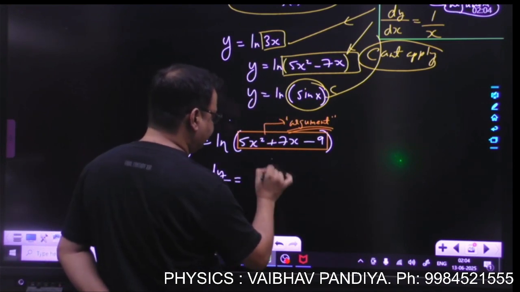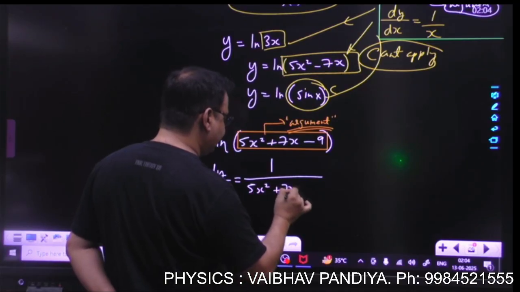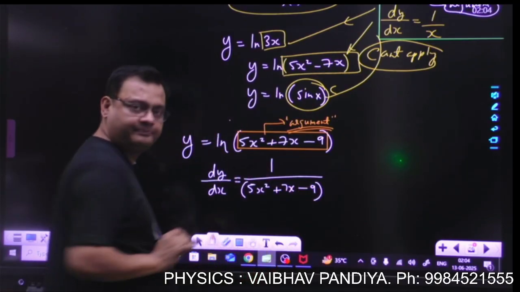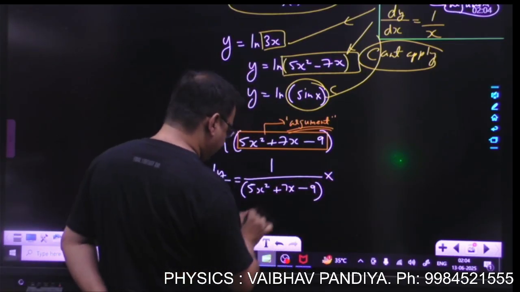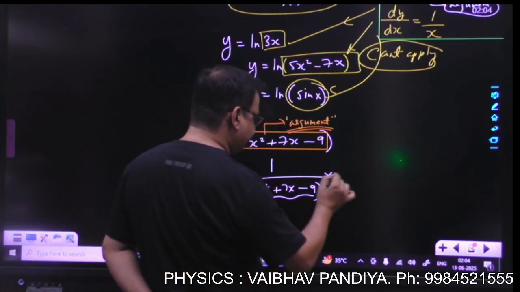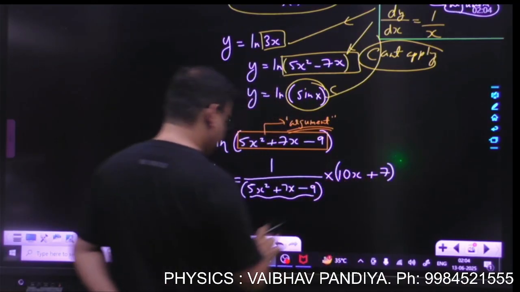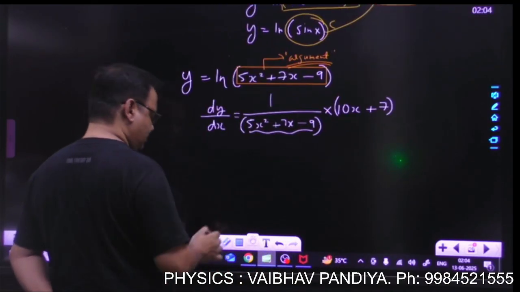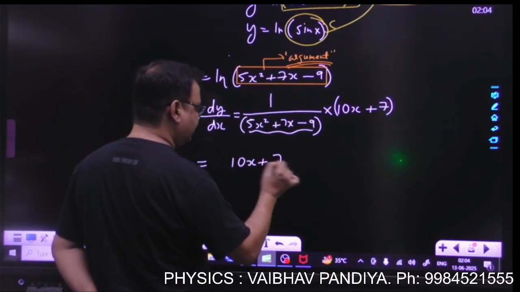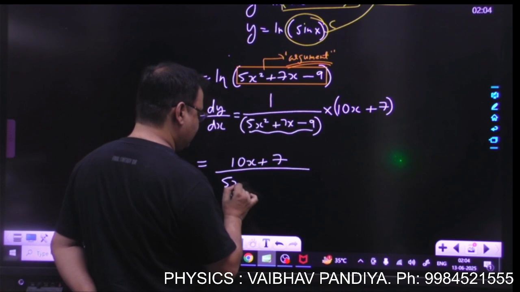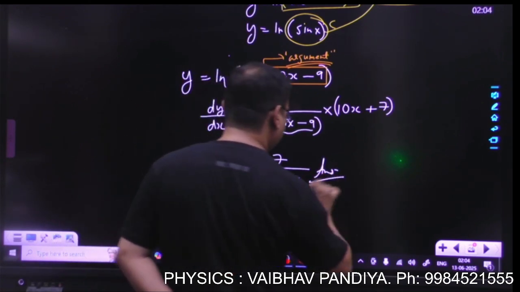So ln of something will have a derivative of 1 by the same thing. Keep the argument intact, no change in the argument. Now form the chain. Multiply it with the derivative of the argument. So 5x square will have a derivative of 10x, 7x will have a derivative of 7. Correct? So you will have the answer 10x plus 7 divided by 5x square plus 7x minus 9. That is the answer. Got it?